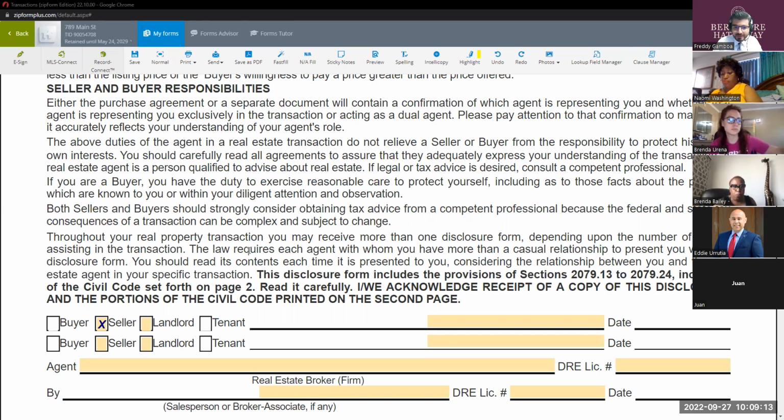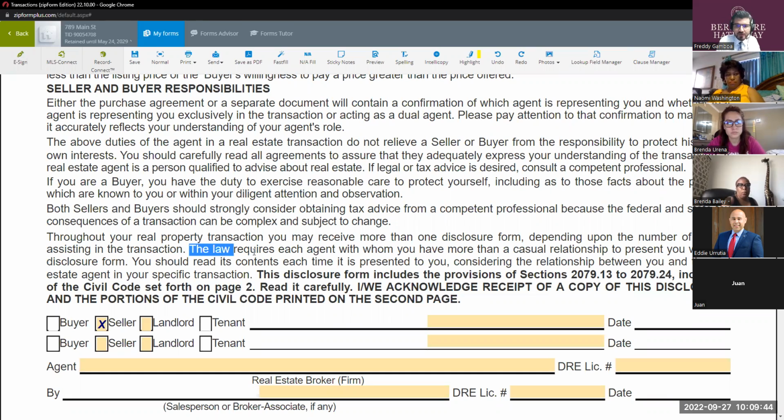The law requires each agent with whom you have more than a casual relationship to present you with this disclosure form. If there's an agent and a co-agent, both of you must provide an agency disclosure to your seller or to the buyer. It is state law.